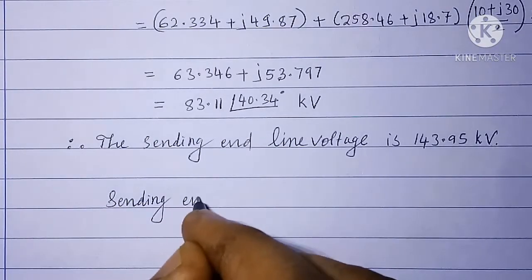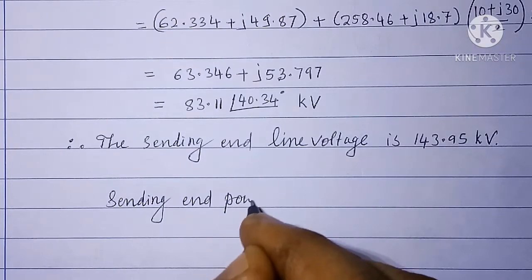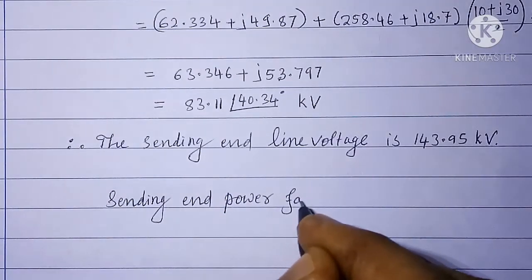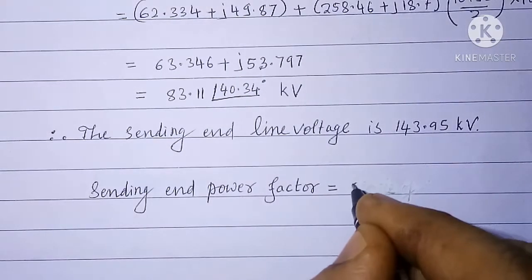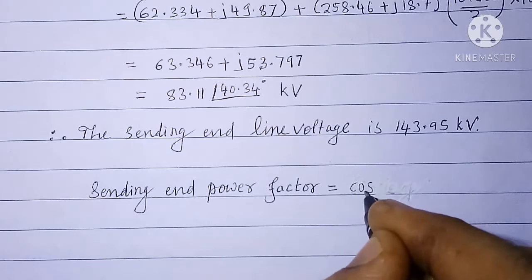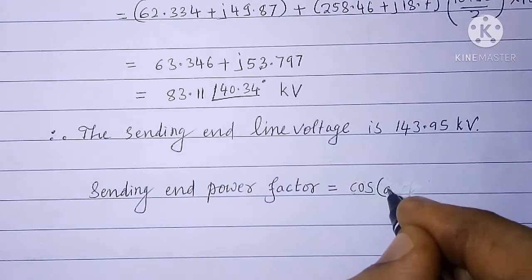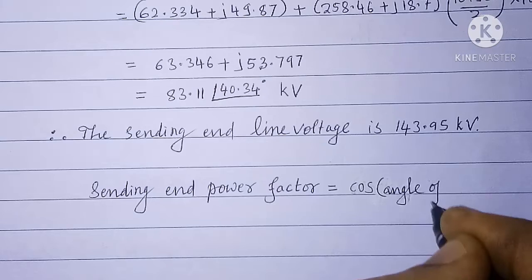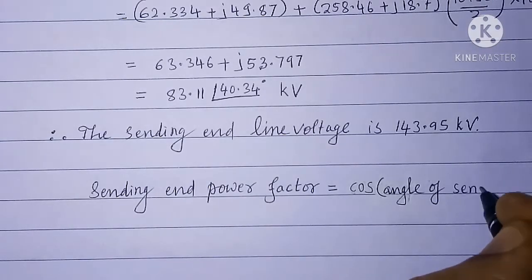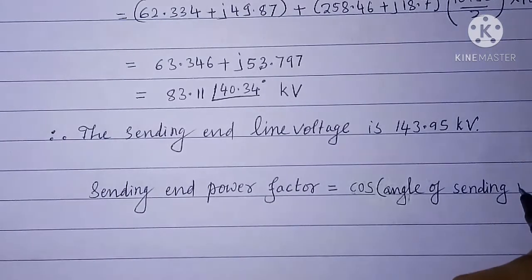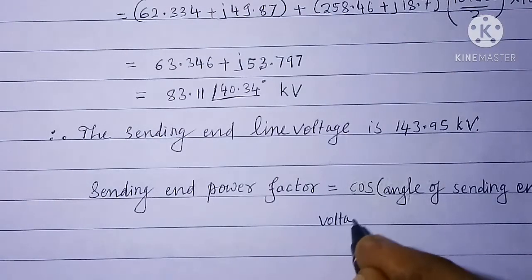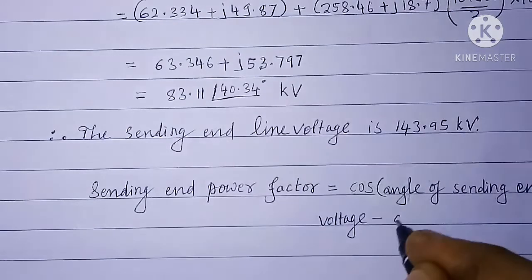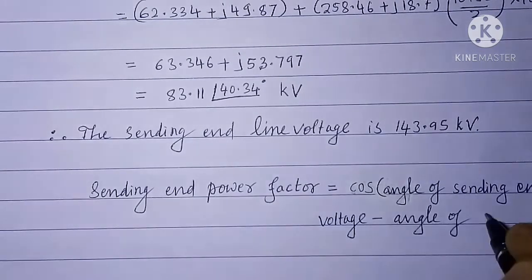Sending end power factor is equal to cos of angle of sending end voltage minus angle of sending end current.